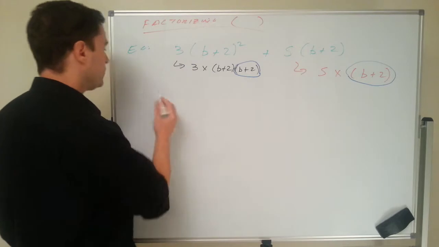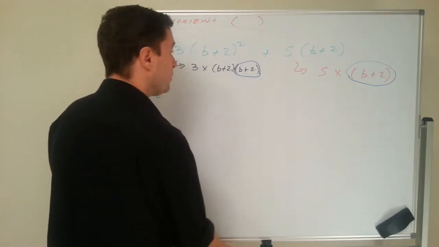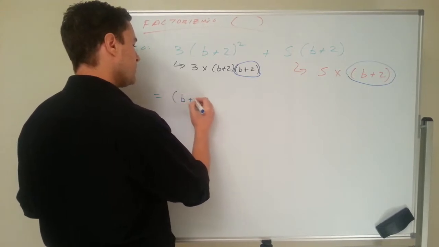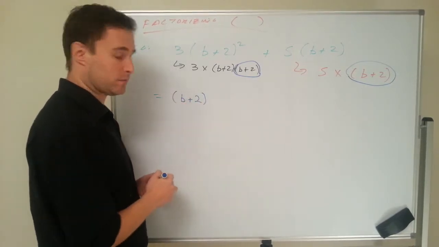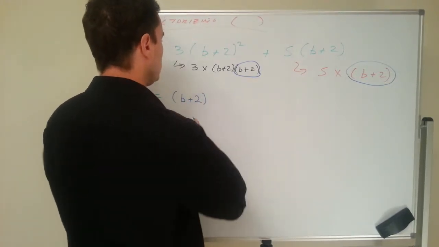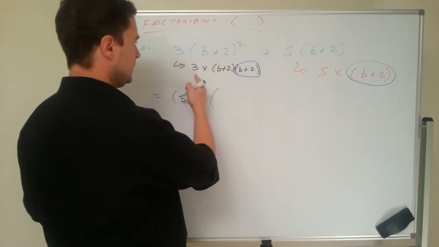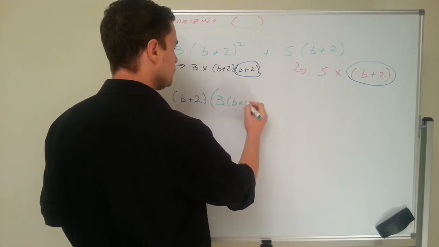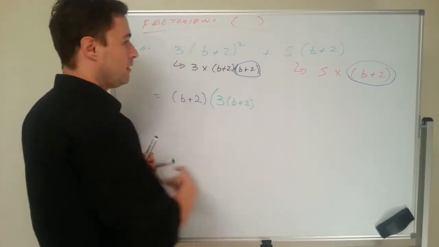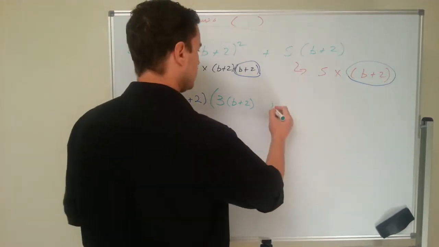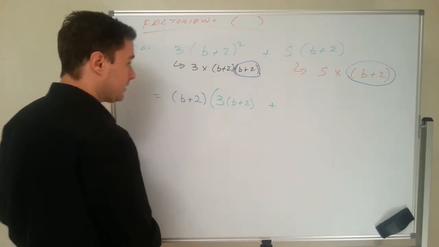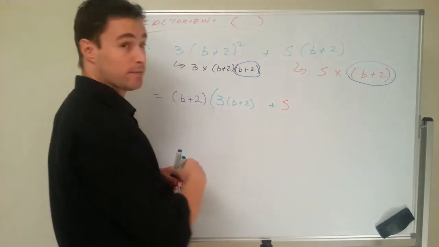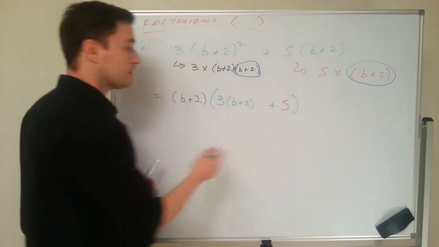So we've got here equals, and if I pull out that b plus 2, I've got here b plus 2. You're with me? And then what's left over? Well, what's left over is this part, 3 brackets b plus 2, plus 5. Are you with me?